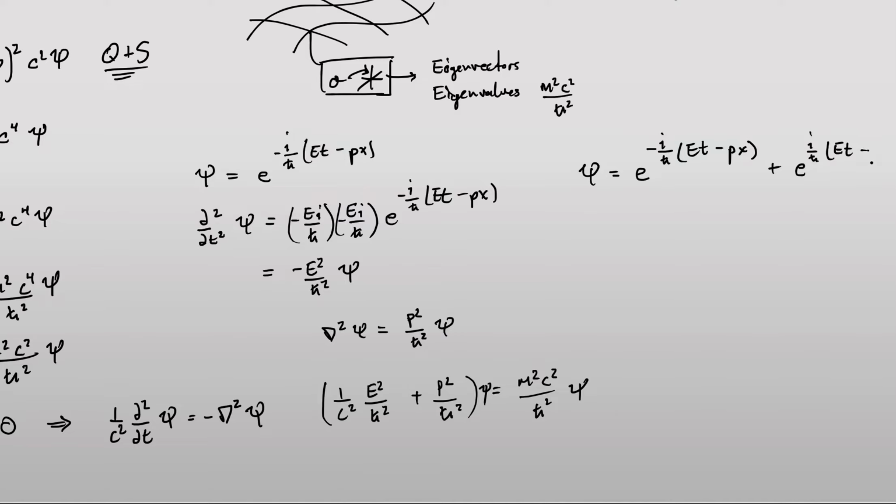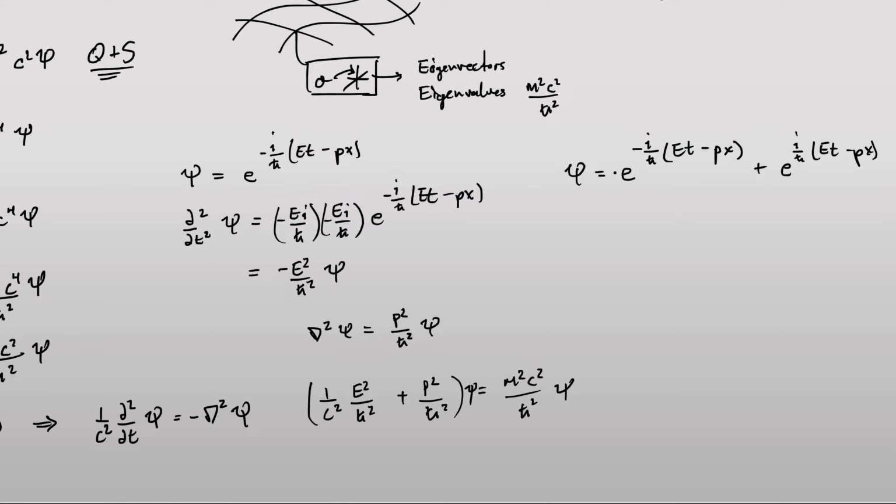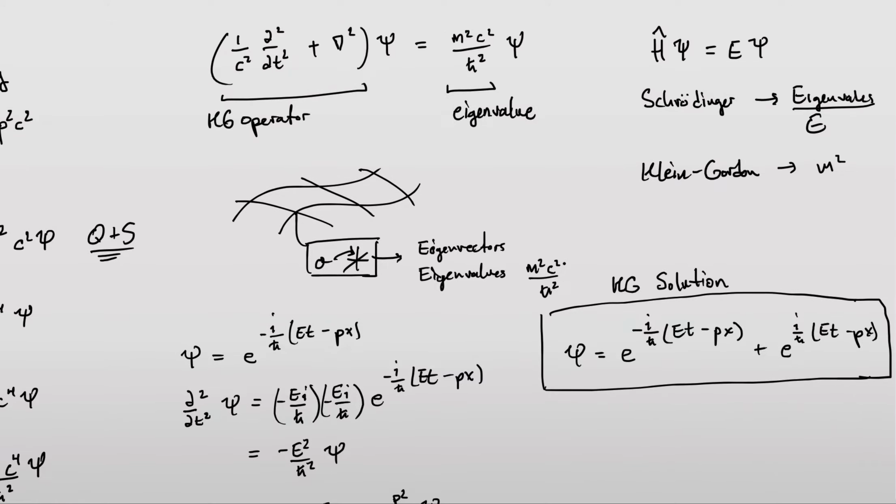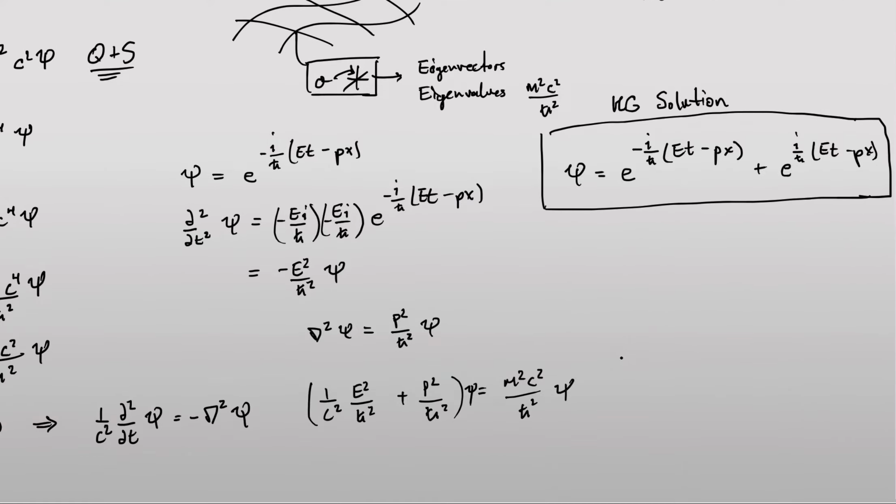So this here is our most general Klein Gordon solution. But again, this isn't our most general solution, as we'll see later. There are a few more things we can add to make it even more general.